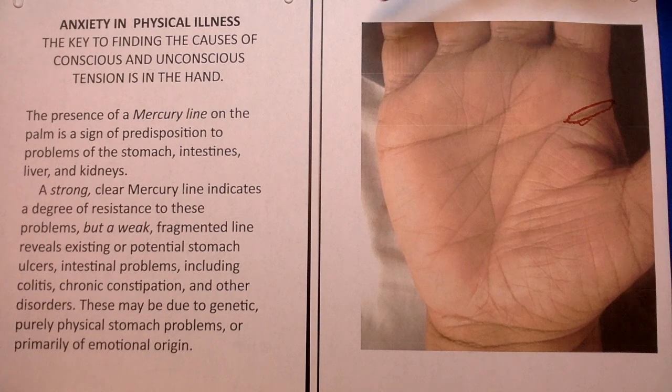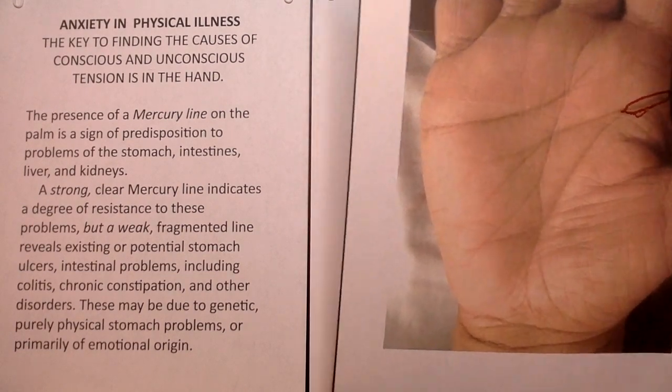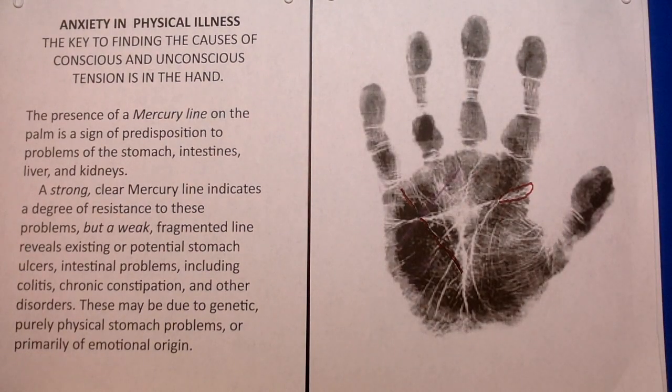All right, let's go further. The presence of a mercury line on the palm is a sign of predisposition to problems of the stomach, intestines, liver, and kidneys.